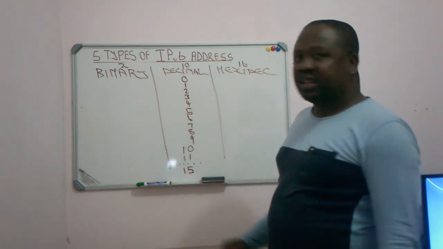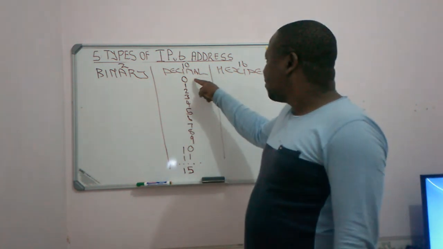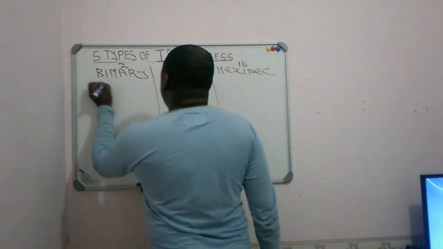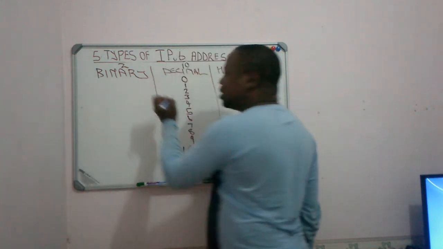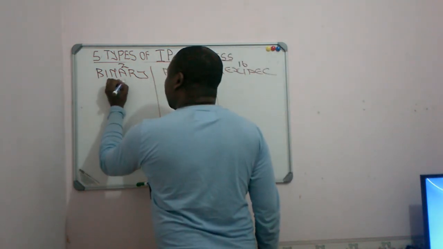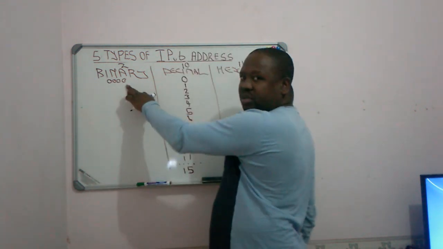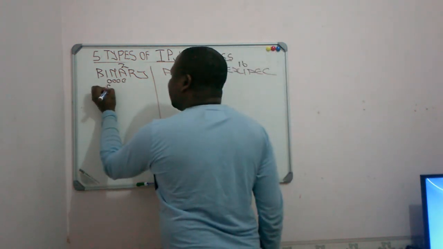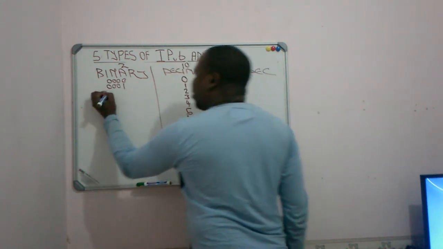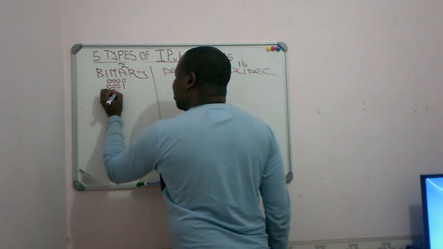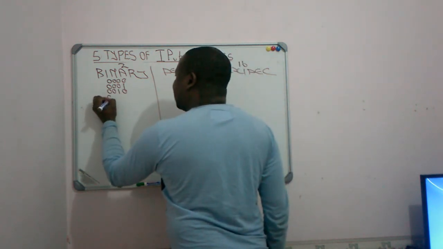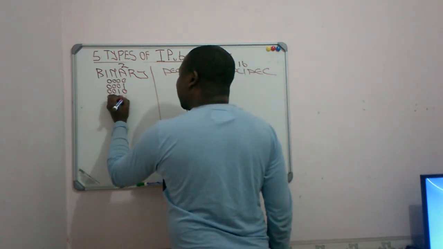So in binary, we're going to calculate from 0 to 15. Our 0 is all zeros: 0, 0, 0, 0. Our 1 is 0, 0, 0, 1. Our 2 is 0, 0, 1, 0. 3 is 0, 0, 1, 1.